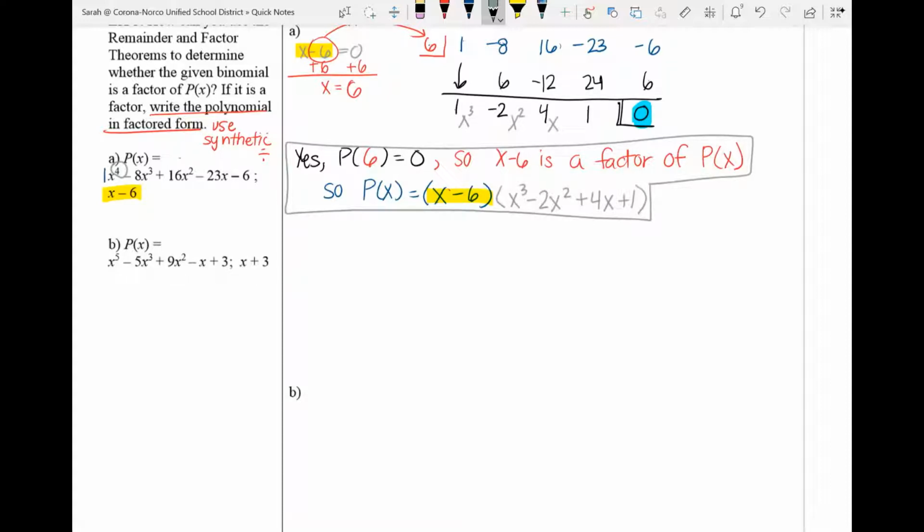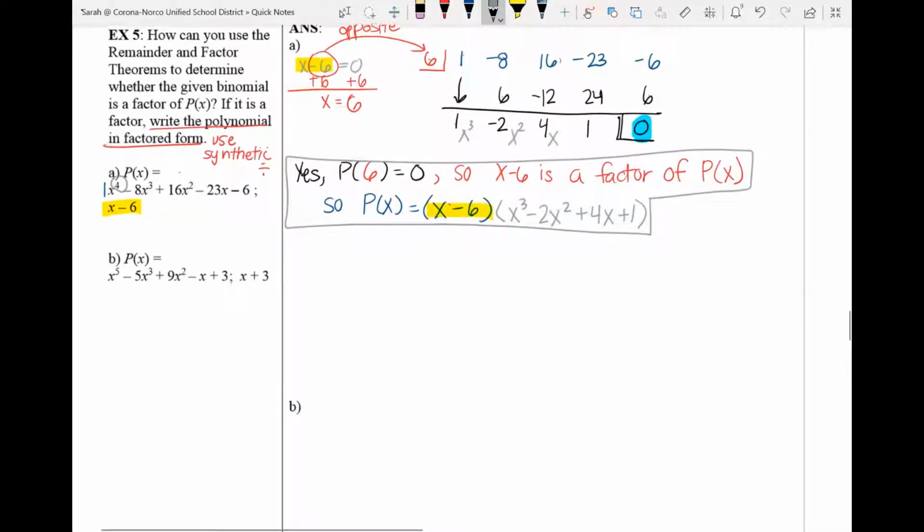We would have plugged P of 6 in and gotten 0. But that doesn't give us an answer about the factor. That just tells us that it is a factor. So whenever it's asking you to determine if, or to write it in factored form, you should use synthetic division instead of evaluating using the remainder theorem, because you'll have to do it anyway.